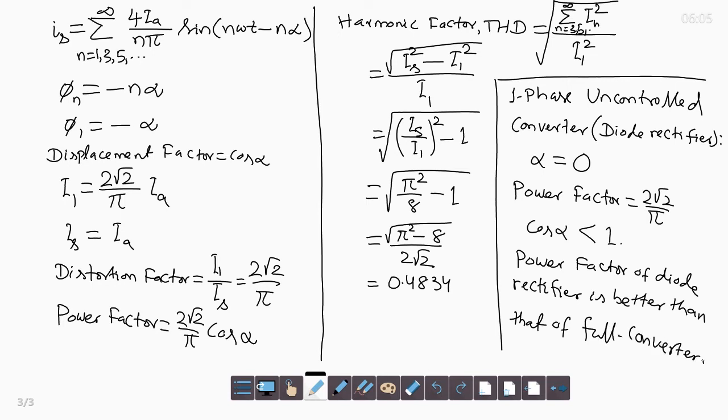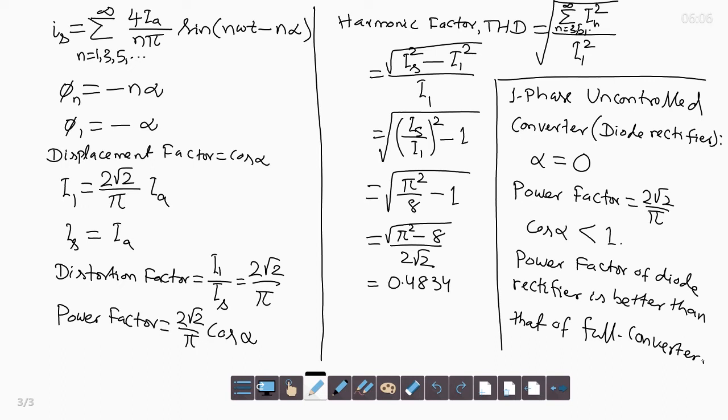So this is the price to be paid for phase control of converters. In converters, we have phase control, we can have variable output voltage and reversible voltage also. When alpha is more than pi by 2, voltage is reversible. So with phase control we get variable output voltage, and the price is poor power factor.